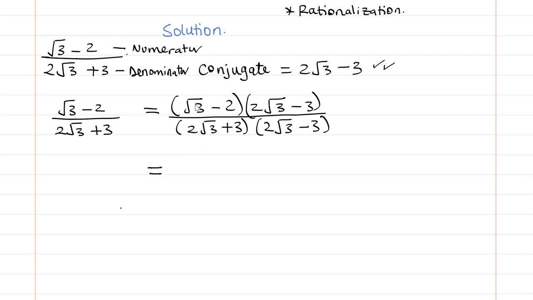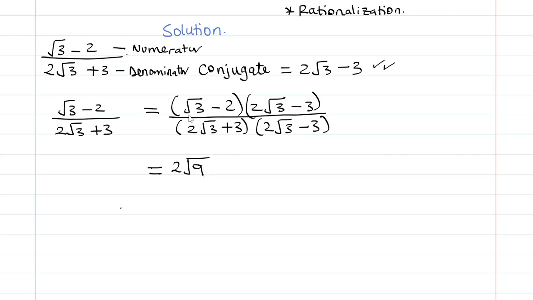On the numerator, we get root 3 times 2 root 3, which gives us 2 root of 9. There are a lot of rules, and they are simple ones that you will understand from Senior 2 Mathematics after visiting there and making good notes.